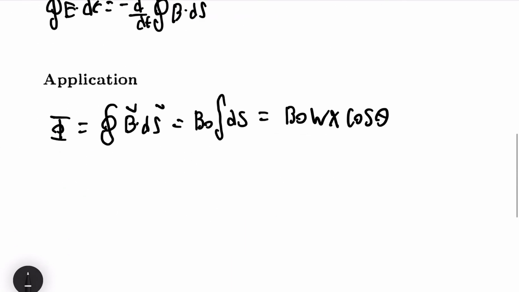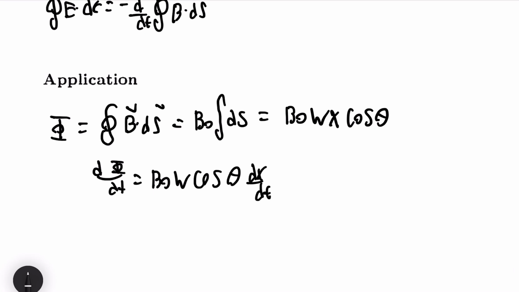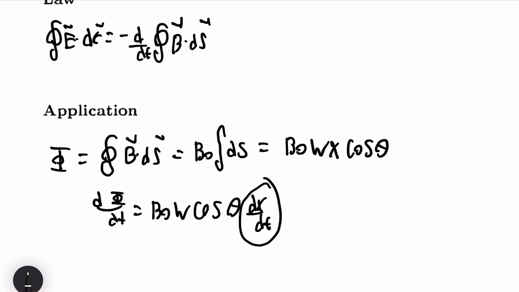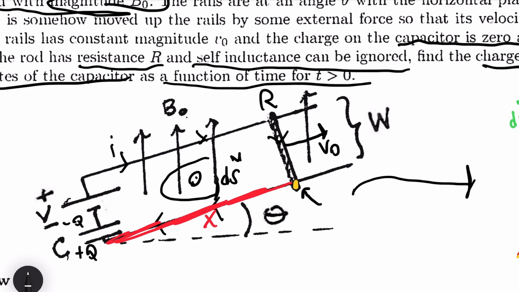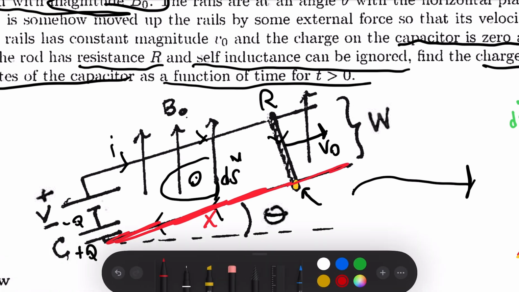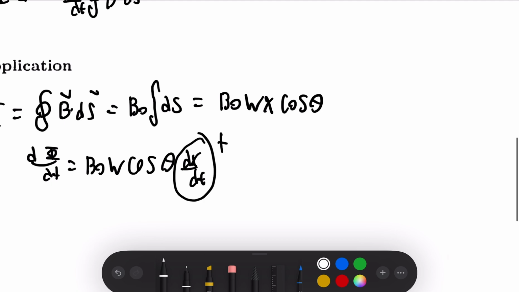And now I need to take the derivative for flux. So dΦ/dt is equal to B naught w cosine theta. Do not differentiate theta. We're differentiating x or y or whatever. So this is dx/dt. And then because I'm pulling the rod to the right, as I pull it to the right, x gets bigger and bigger, so this is going to be positive v.